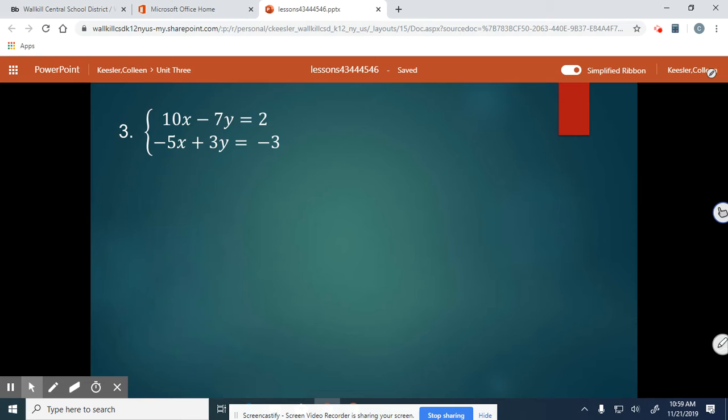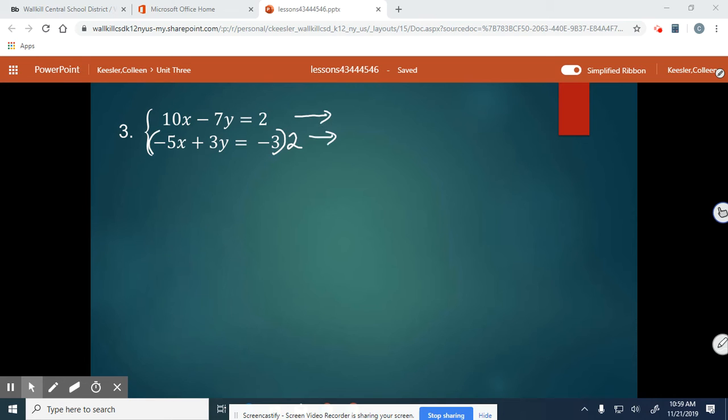So in this case, we do not have a pair of opposites, but right away, I see 5 and 10. I see that 10 is positive and 5 is negative, so that makes our life easy because I can very quickly multiply the second equation by 2 and get a pair of opposites because negative 5 times 2 is going to give me negative 10.